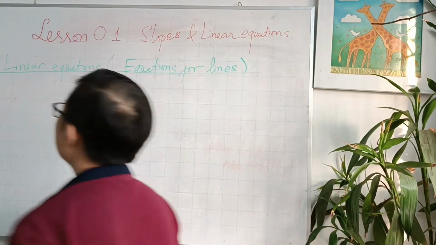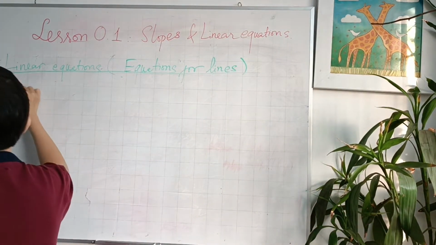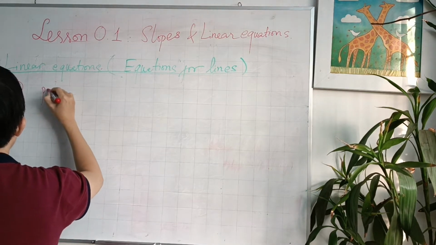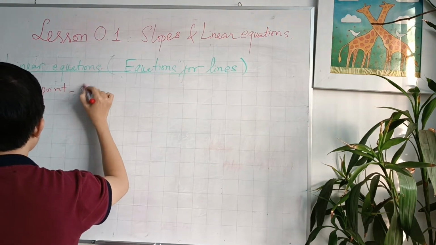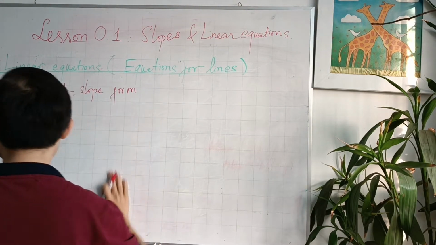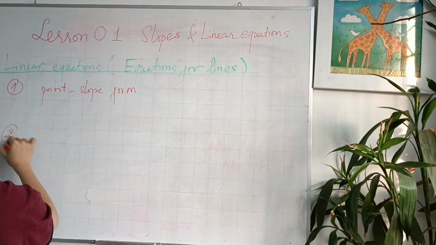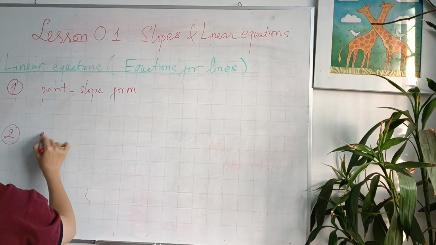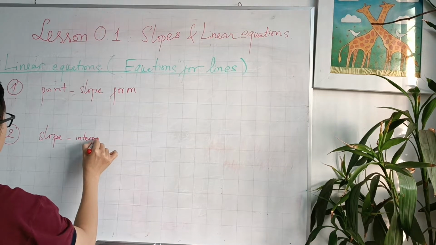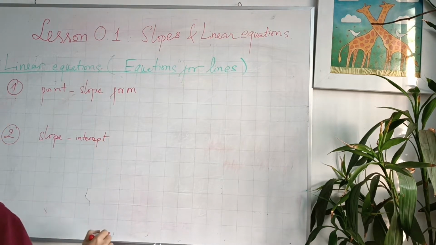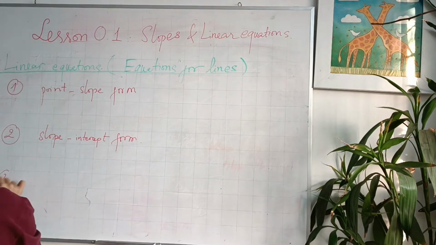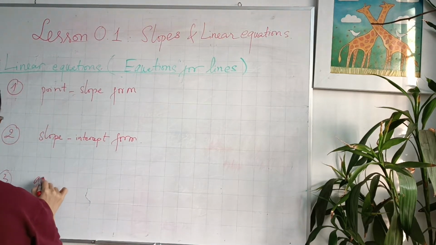The first form of linear equations we call point-slope form. The second one is slope-intercept form. And the last one, general form.